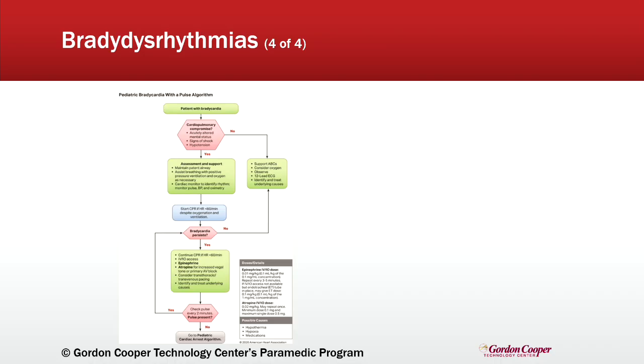This figure shows an algorithm for managing a pediatric patient in bradycardia with a pulse and poor perfusion. These algorithms are really helpful in the treatment of these patients because they offer a quick reference and an easy to follow diagram or chart of what you need to do next.